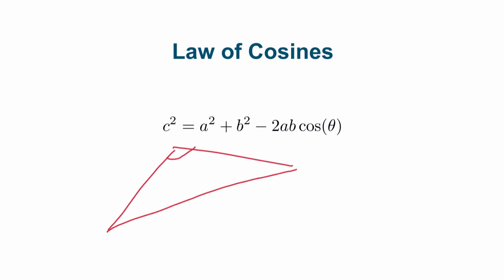So here will be the angle theta, and I'll let C be the length of the side opposite theta, and A and B the other sides. So the law of cosines tells me that C squared is equal to A squared plus B squared, but minus something, minus 2AB times cosine theta.